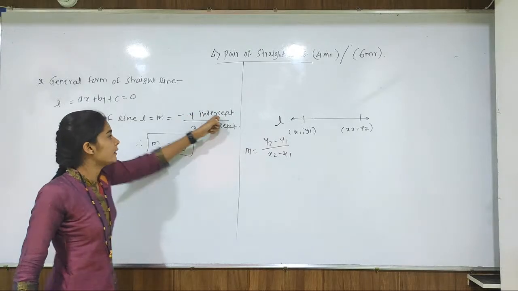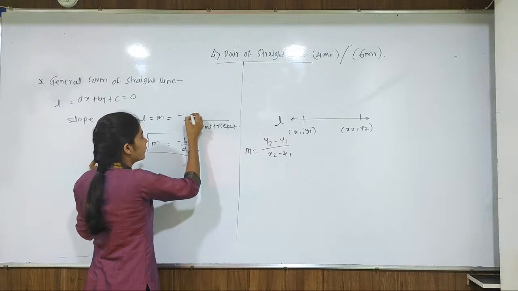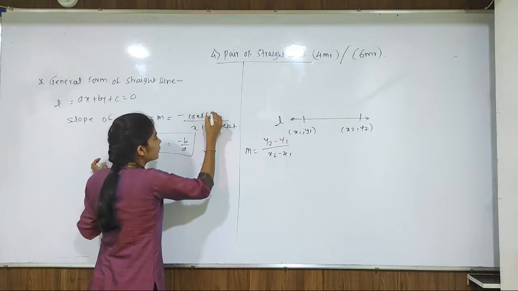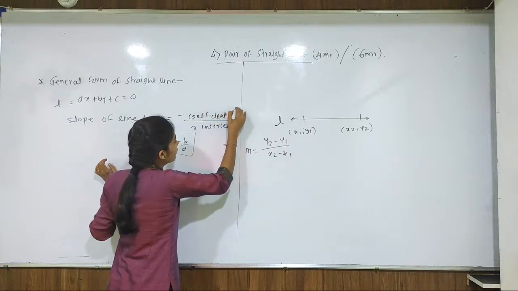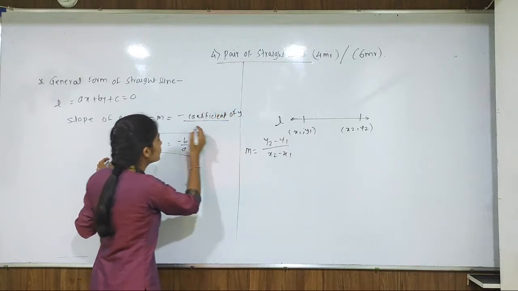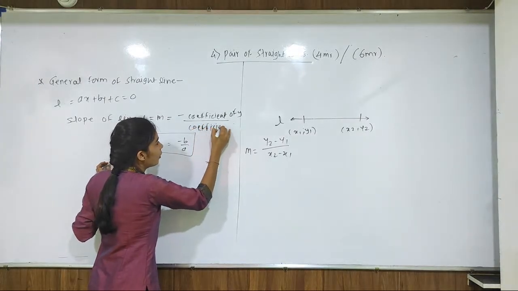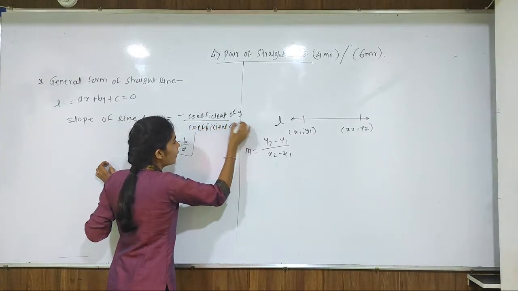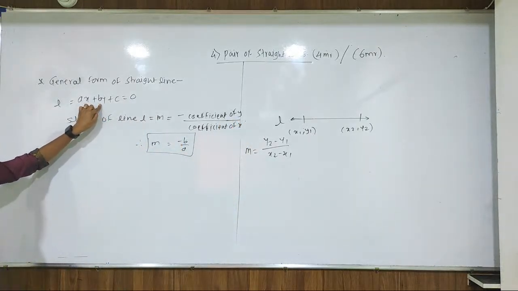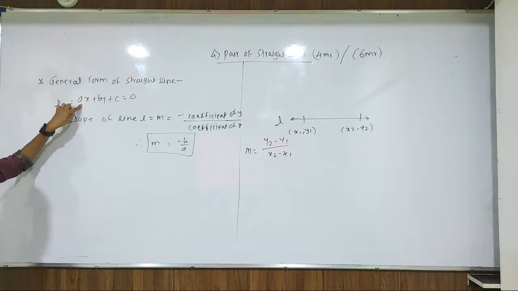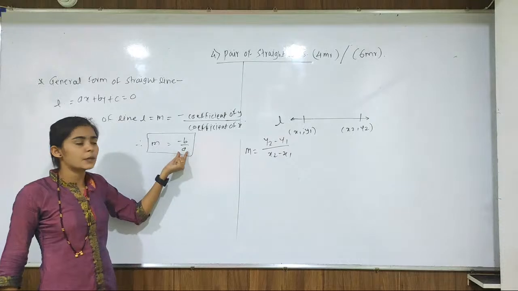Minus b means, sorry, not y intercept, coefficient of y. And in denominator it is coefficient of x, not x intercept. इथे काय येते? b is coefficient of y and a is coefficient of x. So the formula for finding the slope is minus b upon a.